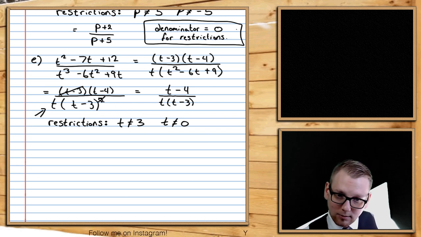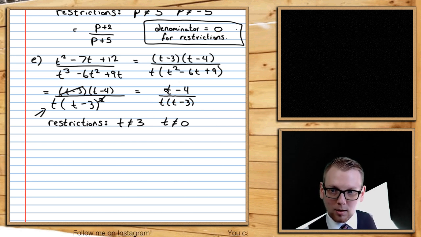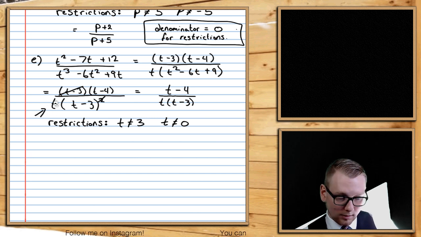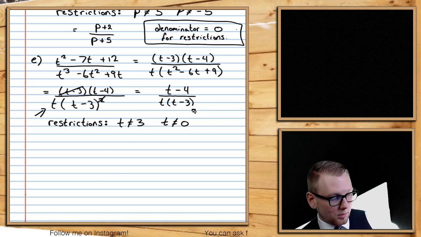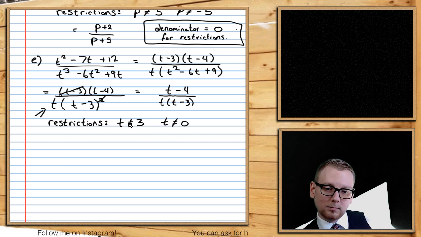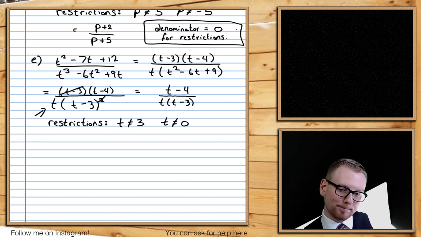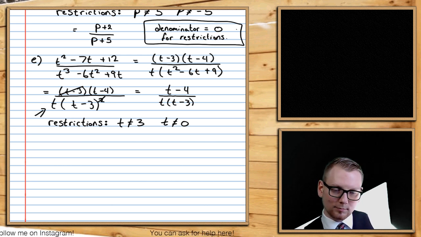So we're still left with t minus 4 on the top. And we still have the t on the bottom because that didn't change. And we have one of the t minus 3's left. So we have t times t minus 3. That makes sense. Cool. Okay.